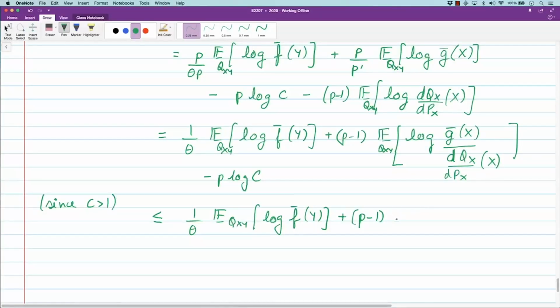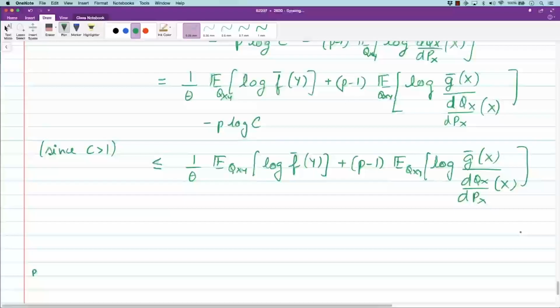So this one is the expected value over qxy of log of g bar x times the Radon-Nikodym derivative of qx with respect to px. If we take this expectation inside the log by Jensen's inequality, it will only increase the thing.